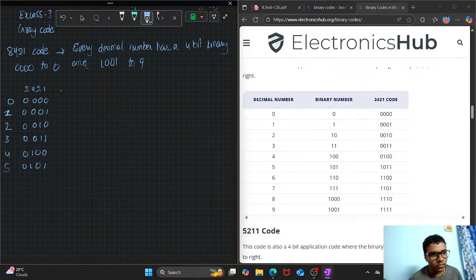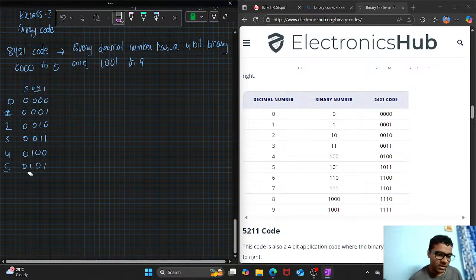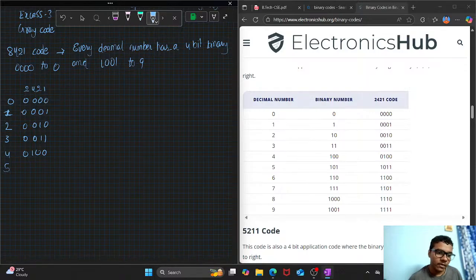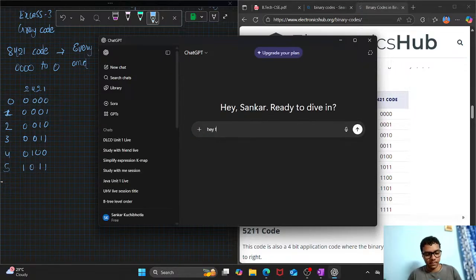Or you can do 1011. You see, why? That's the purpose of doing this, because 1 is 5, and 4 and 1 is 5. Let's clarify this doubt. It's a simple part. In 2, 4, 2, 1 the representation for 5 is given as 1011. We can also do 0101, right?